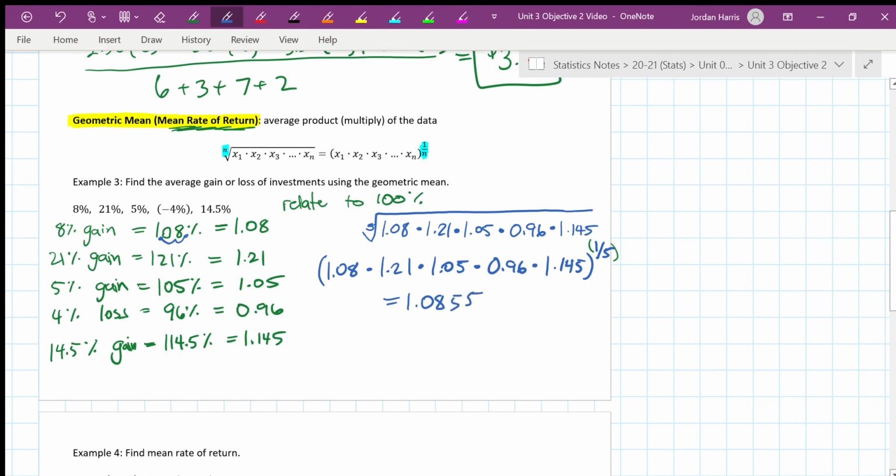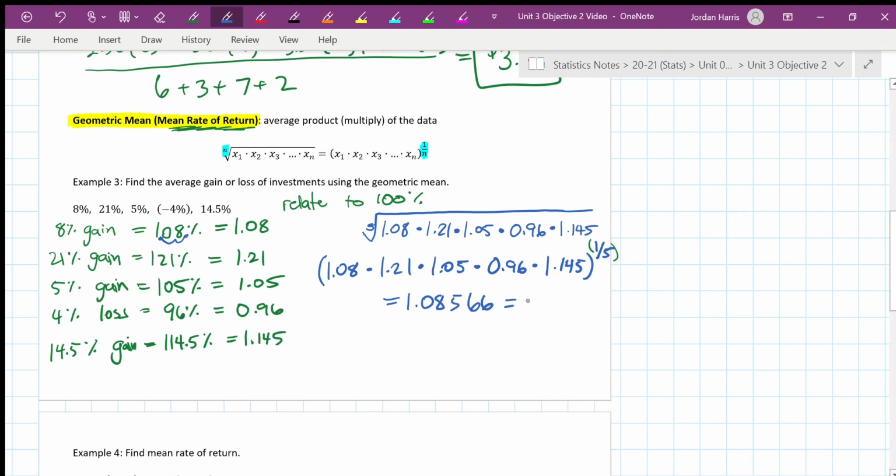And you should get 1.08566. Make sure you try that and understand it.